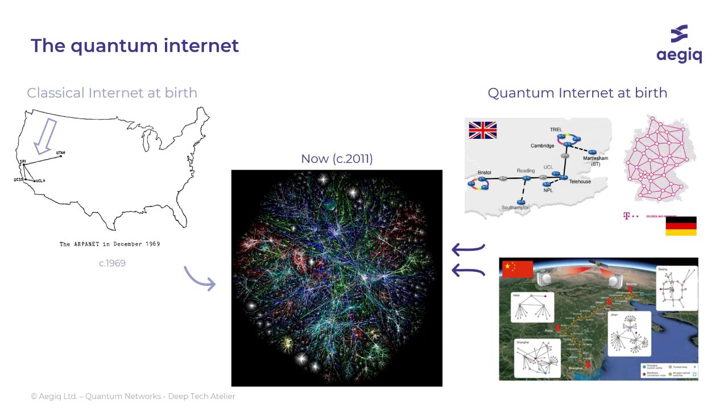So what is this quantum internet? Well, instead of sending classical data using a classical computer, you send quantum data using a quantum computer. And instead of using a classical bit, which can either be a 1 or a 0, and this is how you encode your information, you can use a quantum bit or a qubit.